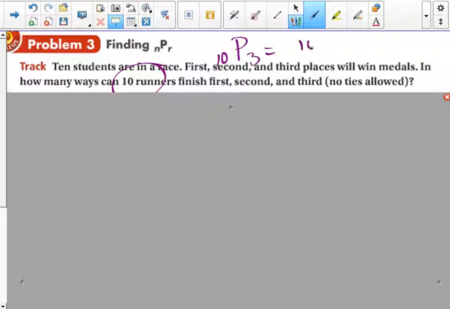So it's going to be 10 factorial over 10 minus 3 factorial, which is 7 factorial. So it's 10 times 9 times 8 times 7 down to 1 over 7 down to 1, and those 7s cancel out. So you have 10 times 9, which is 90, times 8, which is 720.